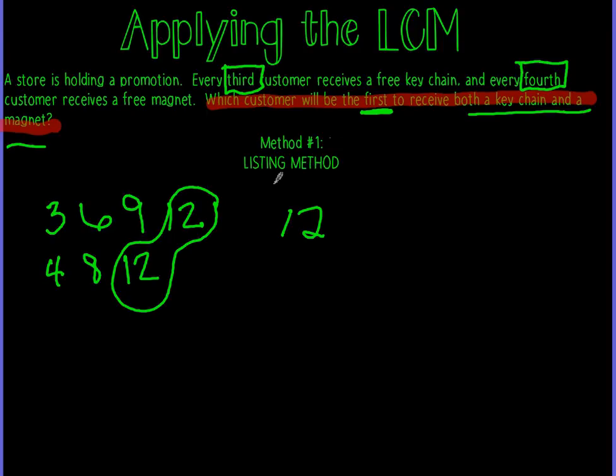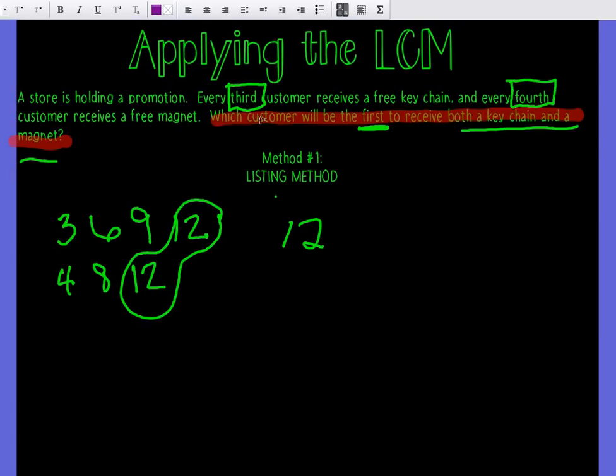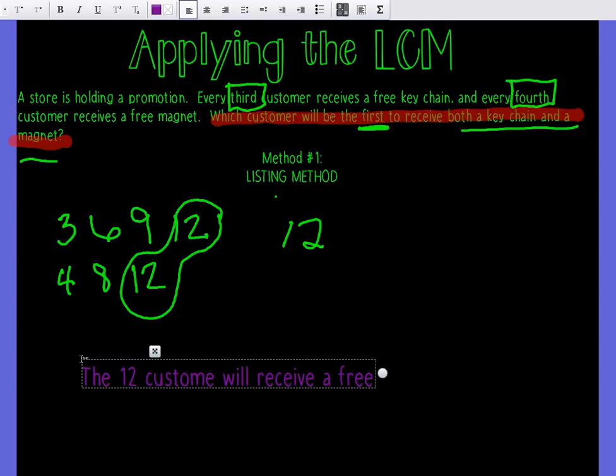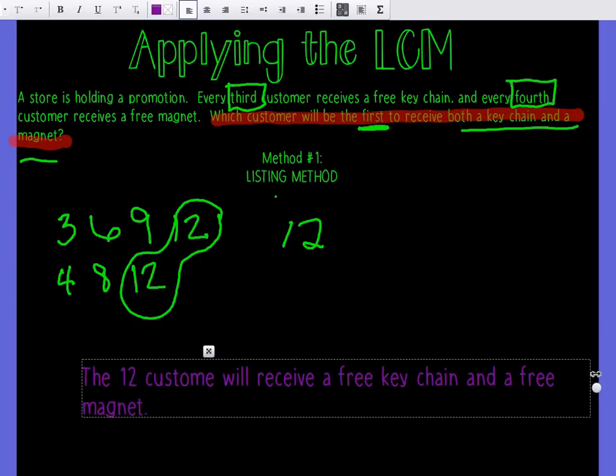So the LCM here was the first common multiple that they had because it's the smallest one that they have in common. So anytime they're looking for the first person for it to work for, you know you're looking for the least common multiple. So the 12th customer will receive a free keychain and a free magnet.